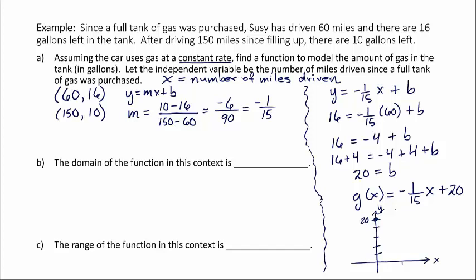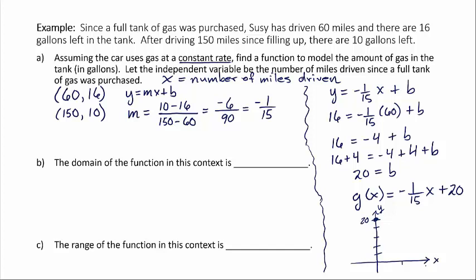Now the question for me: we know the slope is negative, so it's going to be a decreasing line, but where does this hit the x-axis, right? Because x represents the number of miles driven, and we want to know how many miles we can drive on that tank of gas, right? Because once we've hit that, we can't drive any further.